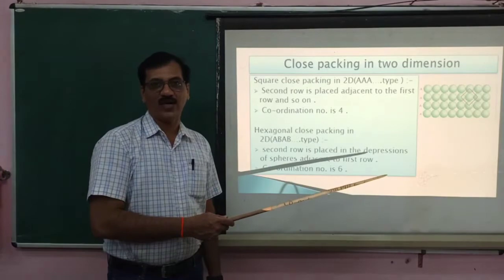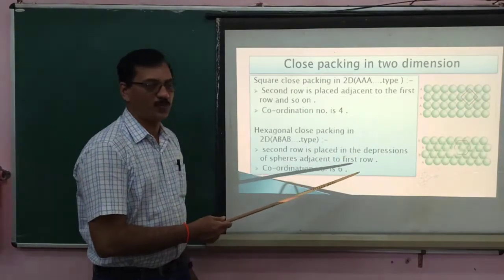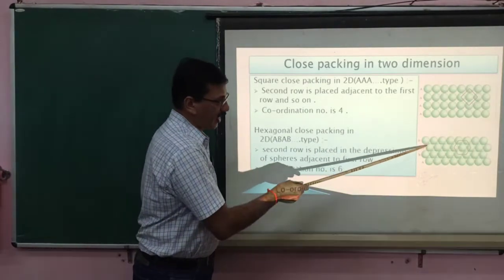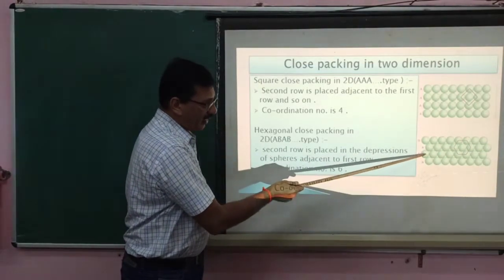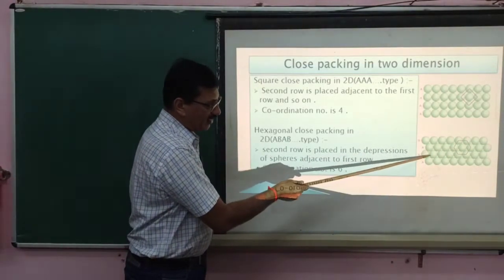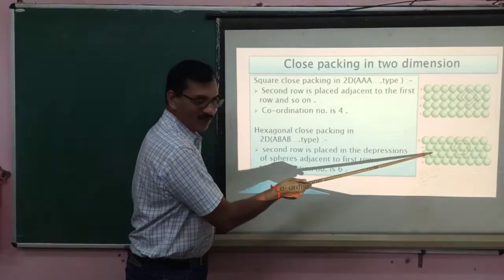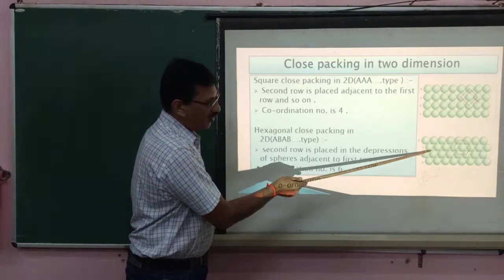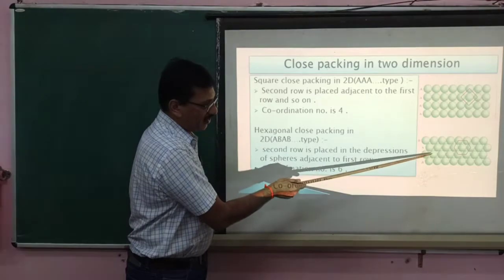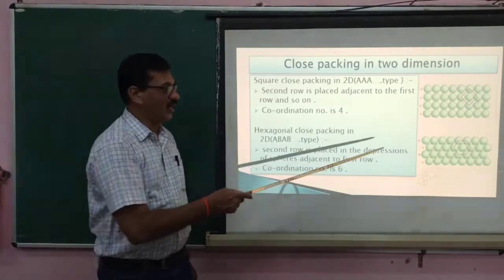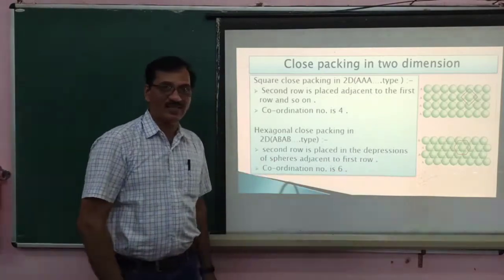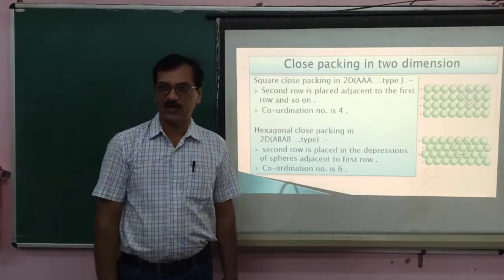No. There is another arrangement also possible. Suppose if you keep one row here, A, then a little bit B outside of it, so that the second layer falls in the depressions of the first. So here rows are not at the same place but at the depressions.